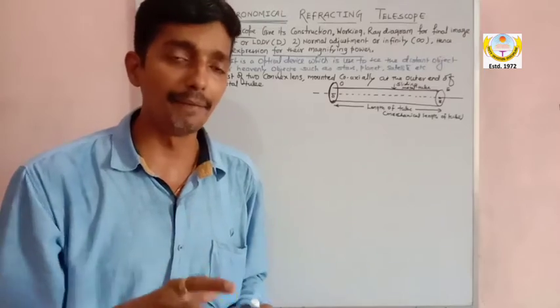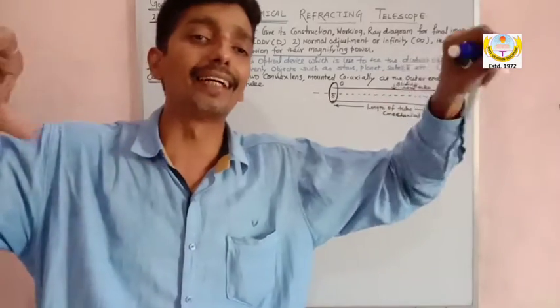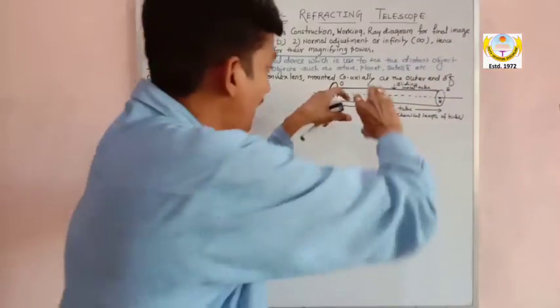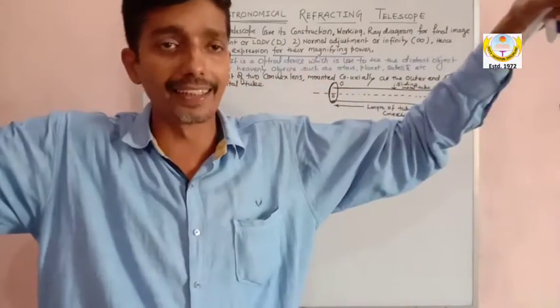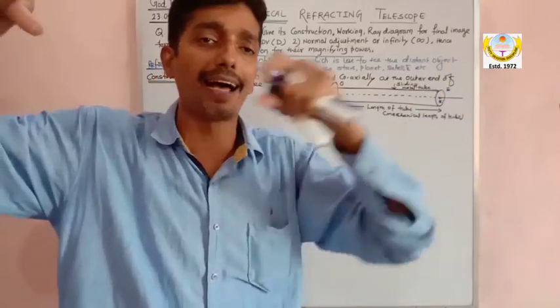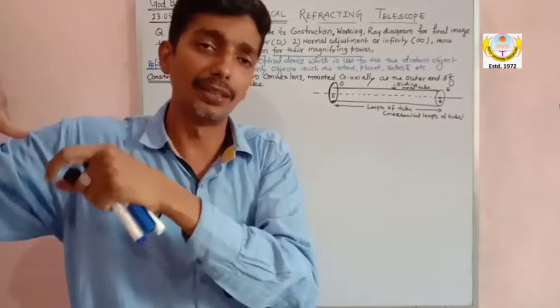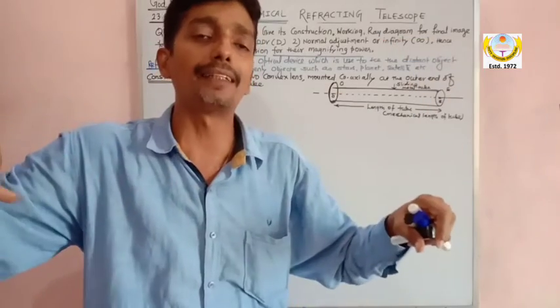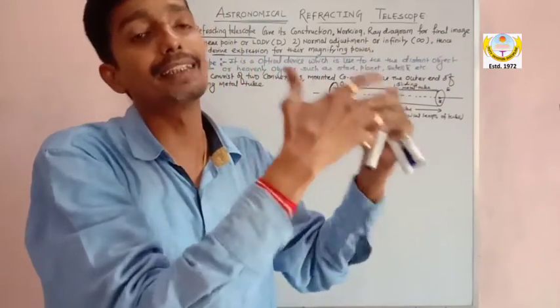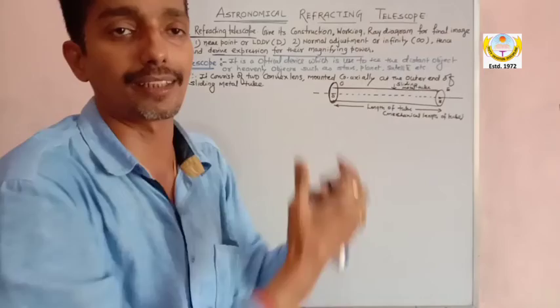Believe me, we are varying the distance. I said this is a sliding metal tube, so I can vary the distance between the objective and eyepiece lens. And by varying this distance between objective and eyepiece lens, we are focusing the telescope on a distant object.